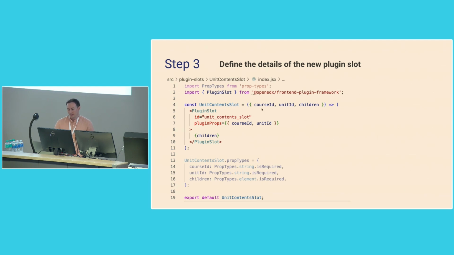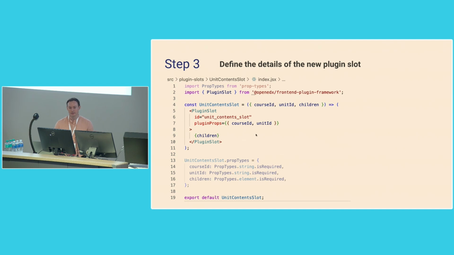And the other thing this is doing, I don't know how familiar everyone is with React, but basically this unit content slot is getting 3 properties passed to it: the course ID, the unit ID, and the children. As you'll see, the children will contain the actual contents of the unit, so we're not going to modify that here. But all we do with the plugin slot is we pass course ID and unit ID as properties, so those will be available to any plugins in this slot.